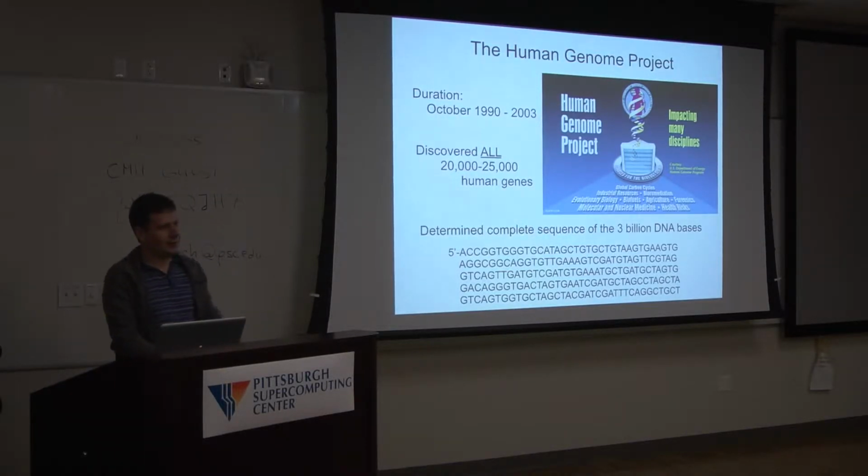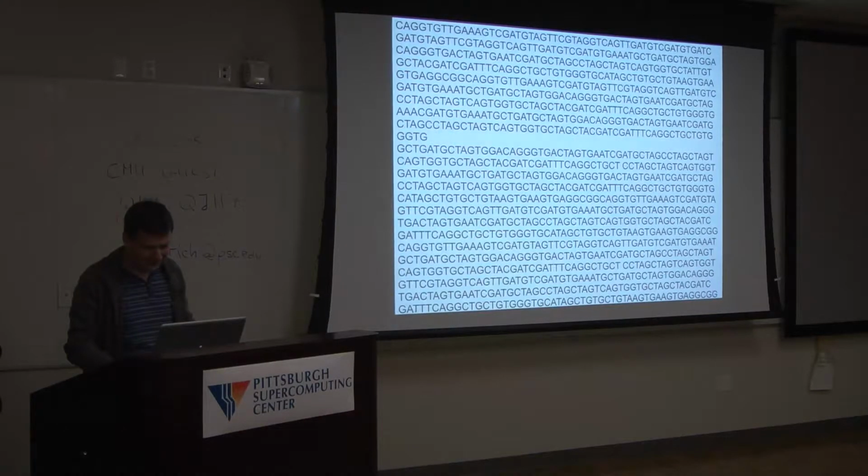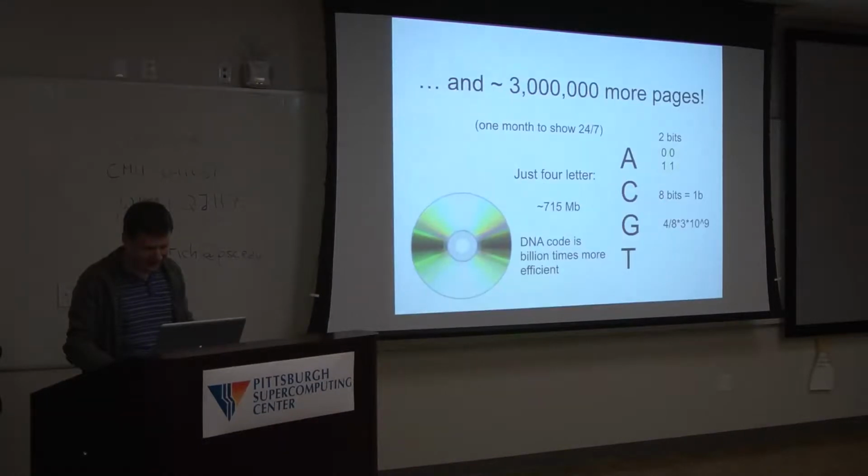So what was the outcome of the Human Genome Project? The Human Genome Project determined the sequence of an average human being, and I'm going to show it to you now. So the sequence of DNA starts with 5 prime, and then it goes like that. Yay. So I have 3 million more pages, and then I'll be done.